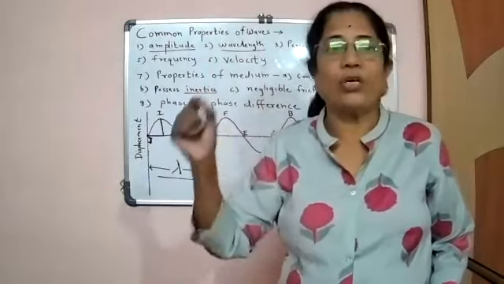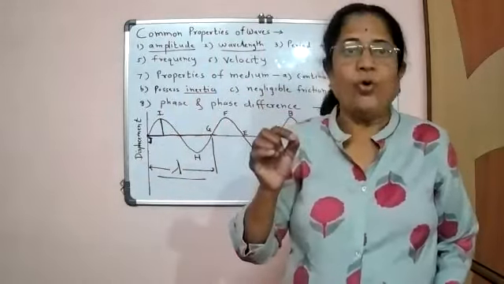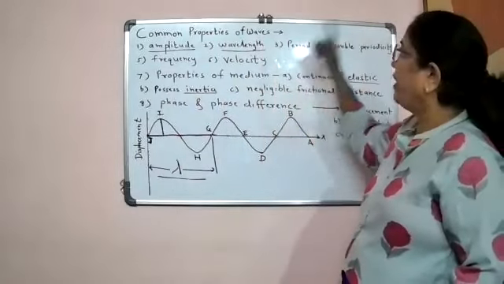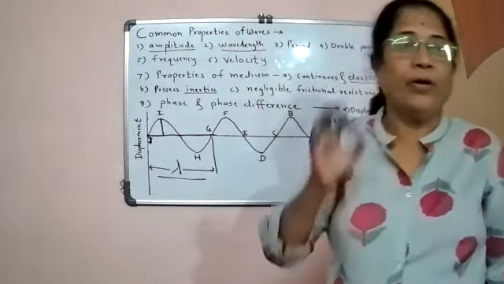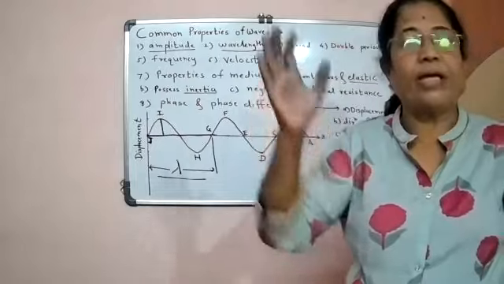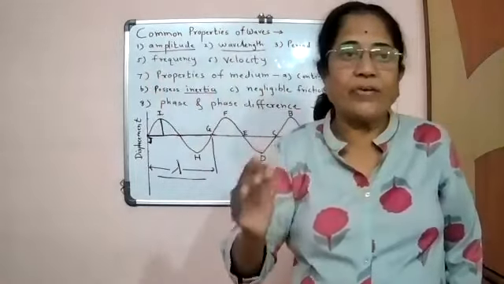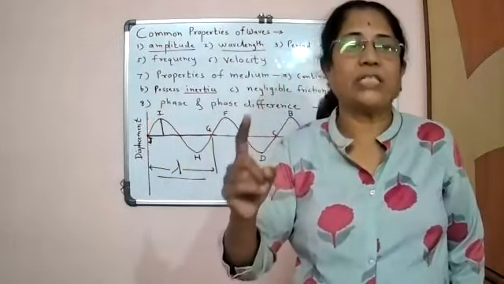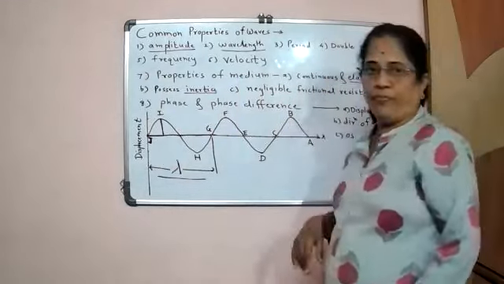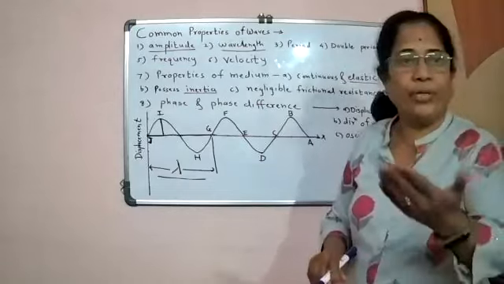So what is period or periodic time? The time required to complete one oscillation is called the period of the wave.